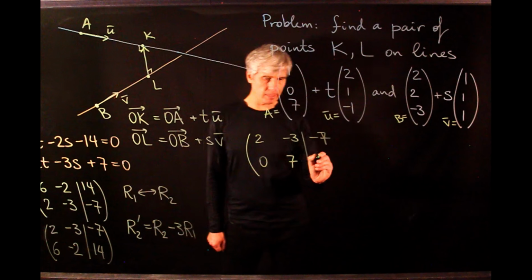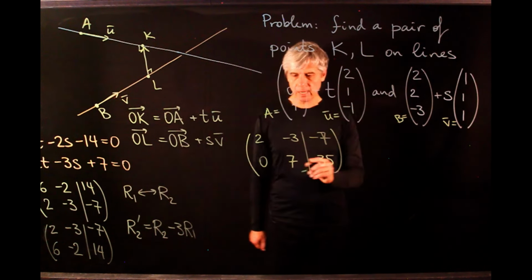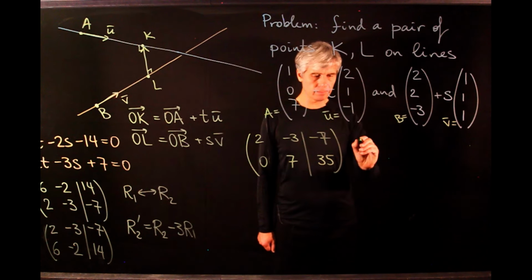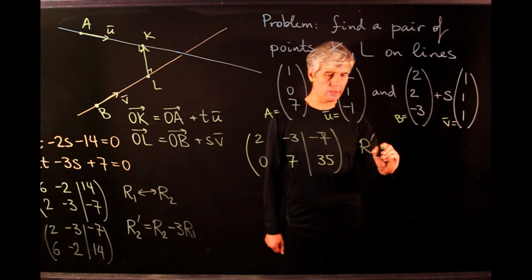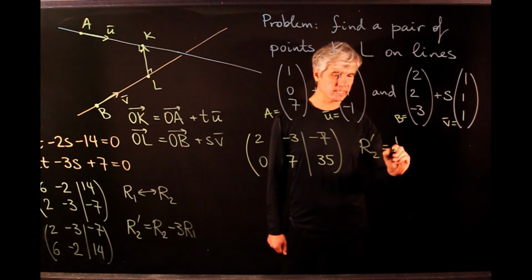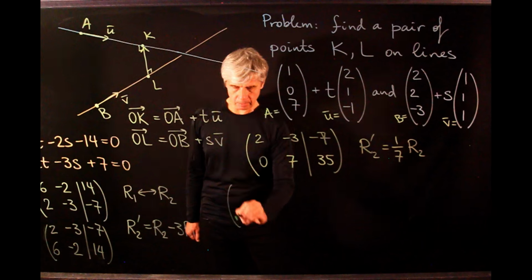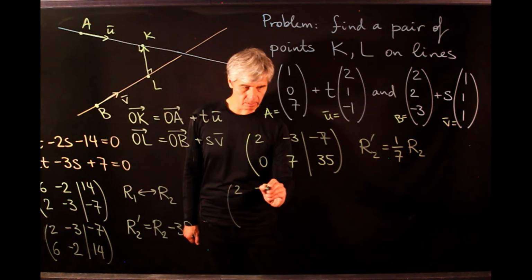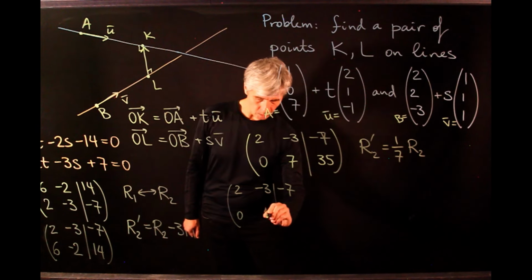So that's 35. So now we take the last row. We say R2 prime is 1 over 7 times R2. So we got matrix 2, minus 3, negative 7, 0, 1, 5.